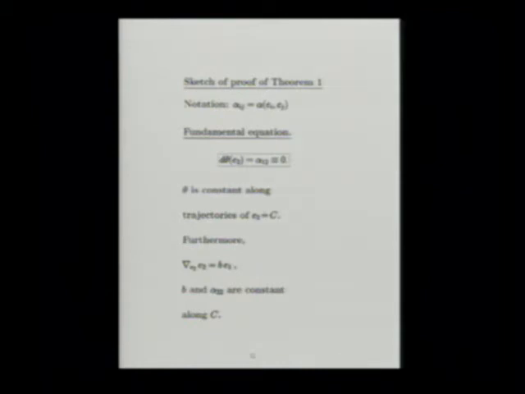That is a basic fact. Theta is constant along these trajectories of E2. From now on, our trajectory of E2 will be called C.